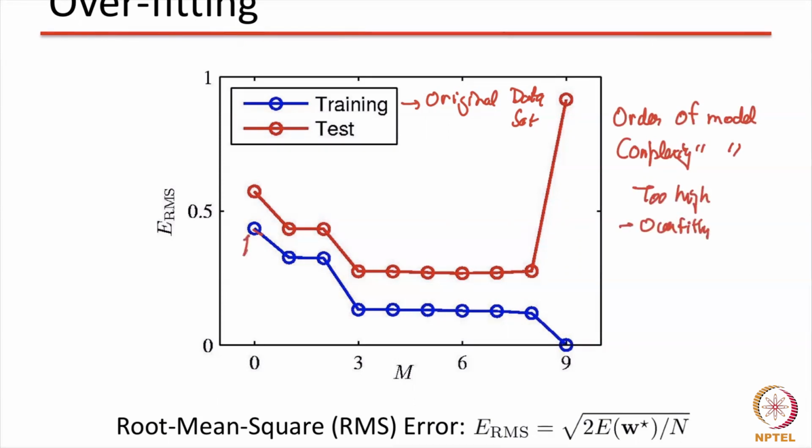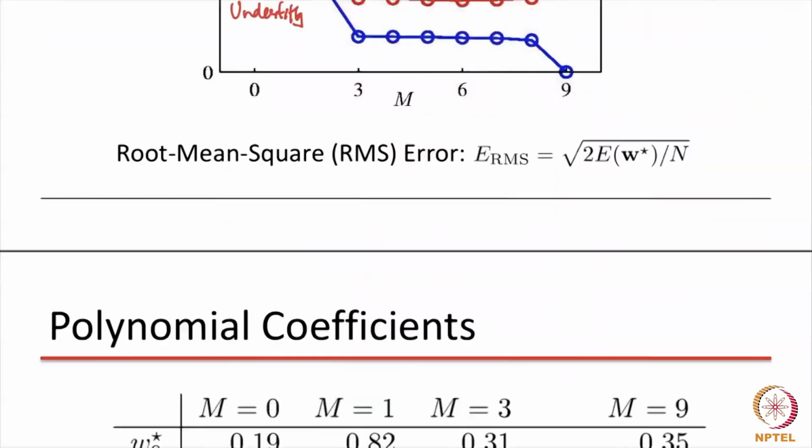This, on the other hand, is underfitting. I could have gone a little bit better. This is known as the classical bias variance problem, and we will come to that again later on when we come to the machine learning portions of this course.